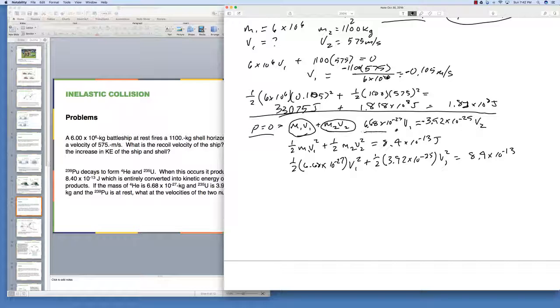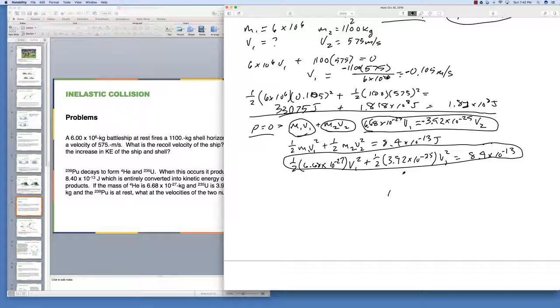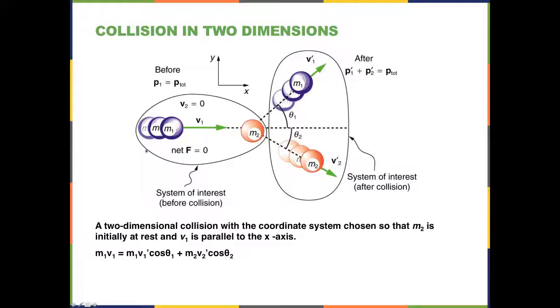And again, now we have two equations, this one and this one, and we have two unknowns, V1 and V2. Now I actually didn't go through the trouble of figuring this one out for the sake of time, because it's fairly complicated, but you can basically move this over here and then put this in one of these two and do the same solution as we did in the last one where we had two equations.